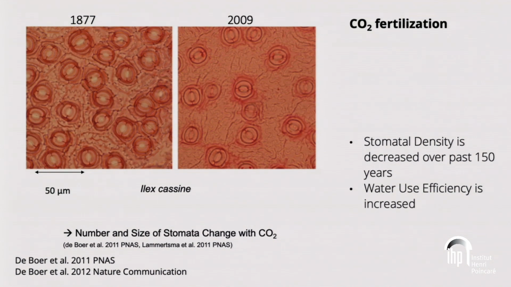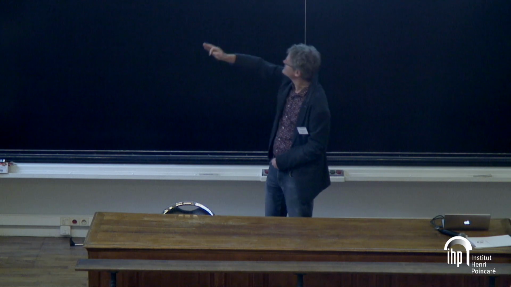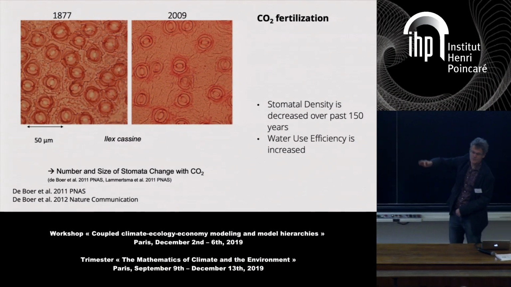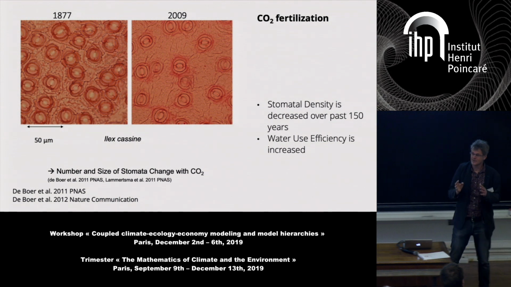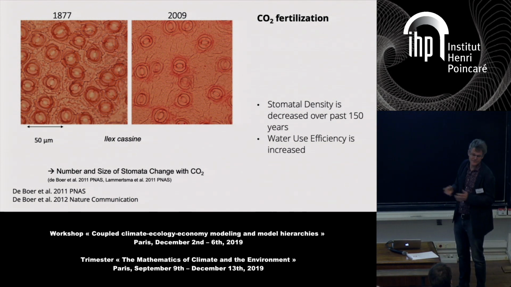And we were able to collect this small piece of leaf, put it under the microscope and just count the number of stomata. And then we did it over the past 150 years, and then we see these trends in there. So one of the reasons why the water use efficiency has increased is apparently an adaptation of the vegetation. So there's no need anymore to have this large number of stomata.